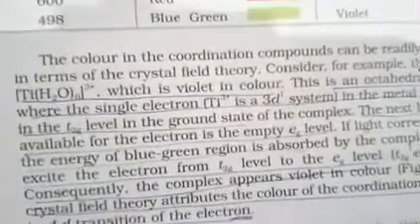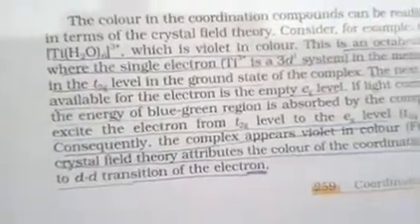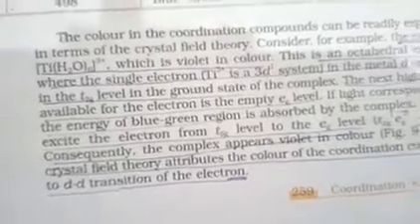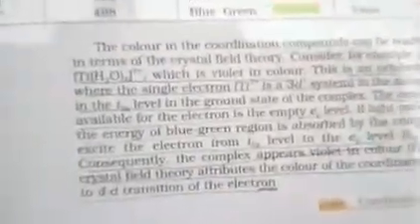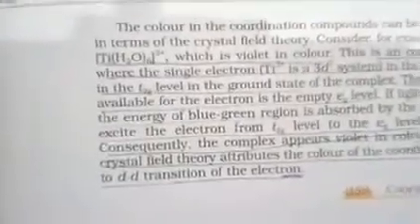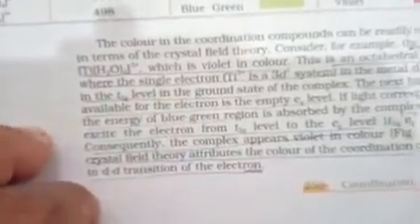Consequently, the complex appears violet in color. The crystal field theory attributes the color of the coordination compound to the transition of the electrons. This is what we have learned here.